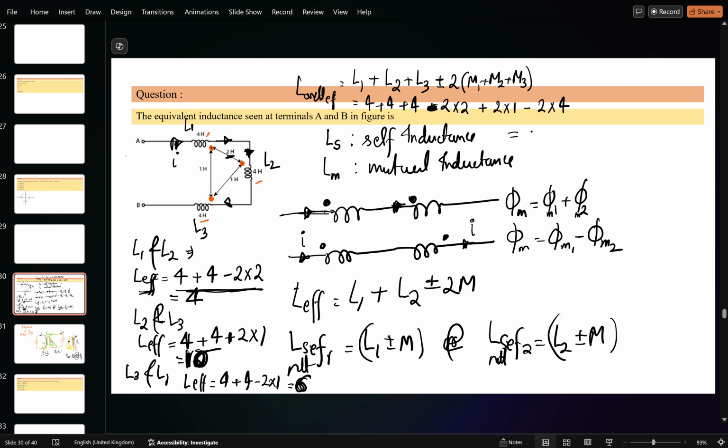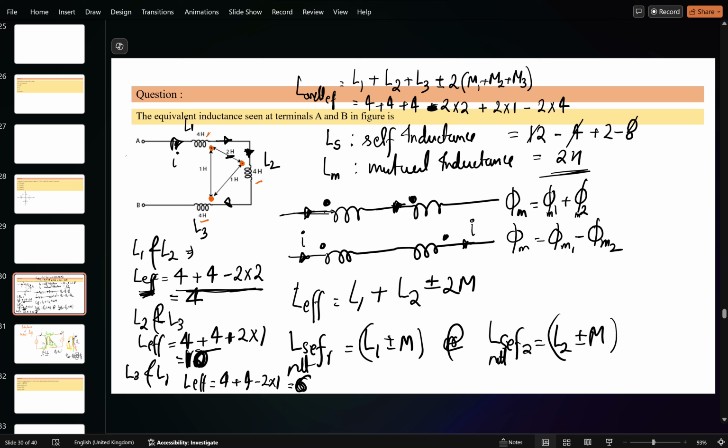When you add it up, it comes out to be 12 minus 4 plus 2 minus 8, so this will come out to be 2 Henry. This is the L effective only when we consider the two inductances L1 and L2, L3 is neglected. When you take all the inductances in one circuit at a time, then L1 plus L2 plus L3 plus minus 2 times M1, M2, M3.